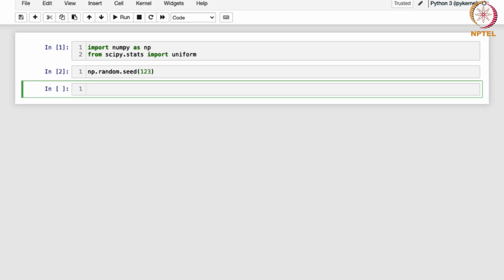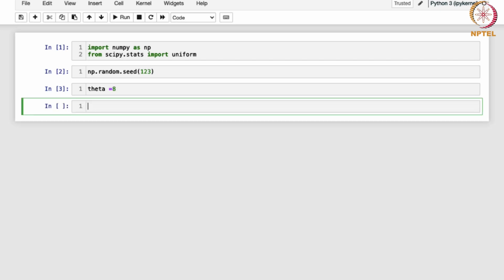Next, in this case we are going to draw a random sample from uniform 0 theta. Okay, so let us take this theta as 8, and this means that we are going to draw a random sample from uniform 0 8. Now we are going to generate a random sample from this, and what will be the size of that?